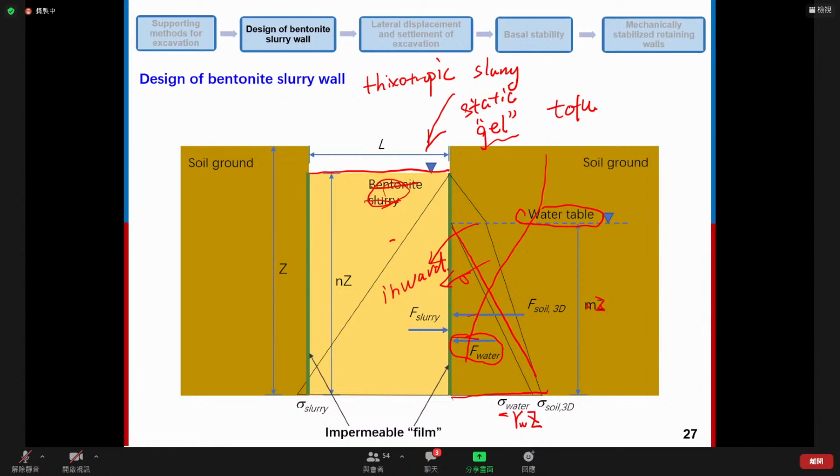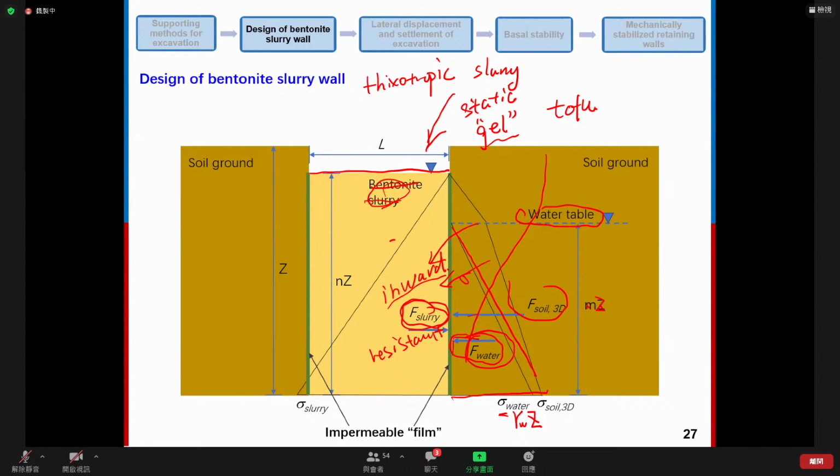In this case, it's going to collapse. But if we have the bentonite slurry, there's a resistance to prevent the inward movement. So let's say if the pressure provided by the bentonite slurry is high enough, more than this and this, then this excavation is very stable.